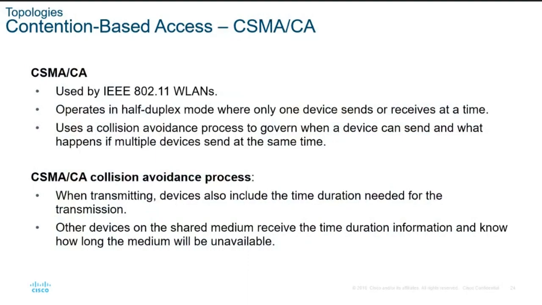It is used by IEEE 802.11 WLANs, also operates in half duplex, and uses a collision avoidance process. In the avoidance process, when transmitting, devices also include the time duration needed for the transmission. Other devices on the shared medium receive the time duration information and know how long the medium will be available.